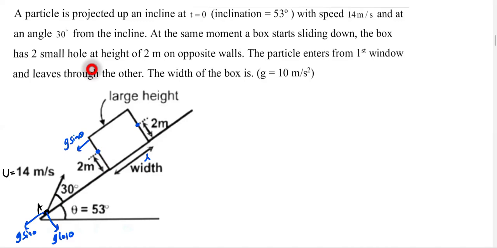So there is no relative motion between the box and the particle along the incline, because both have g sine theta.